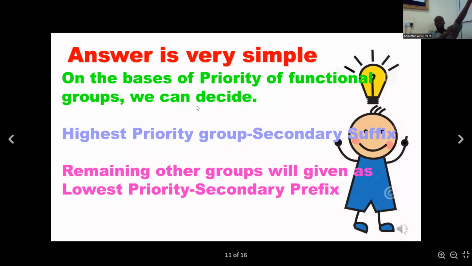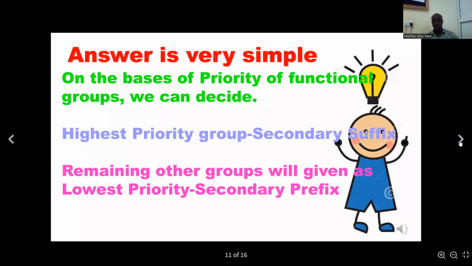There is actually an order of priority of the functional groups. The ones that are highest will be given higher priority, while those that are lower will be given lower priority. So the minimum order groups will be given as the secondary prefix.